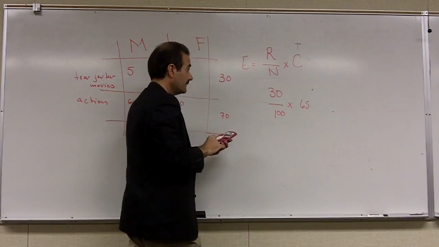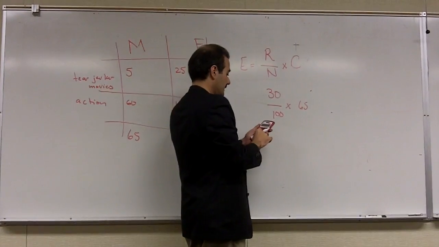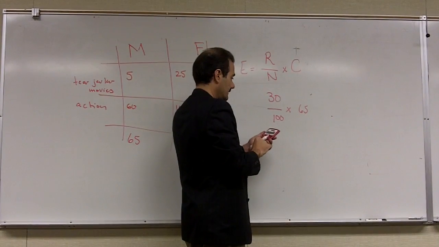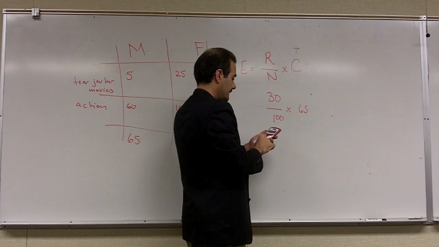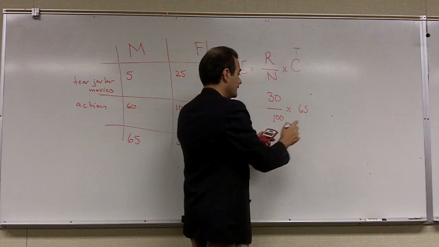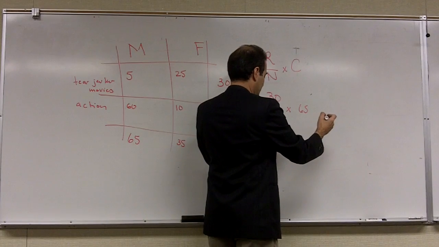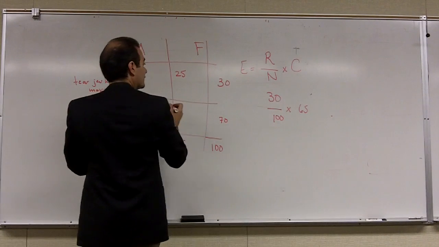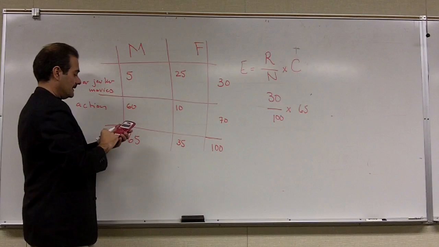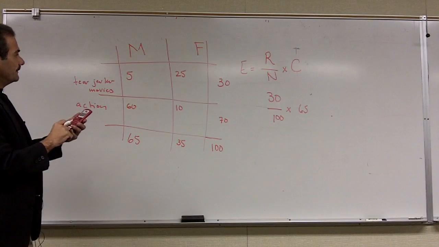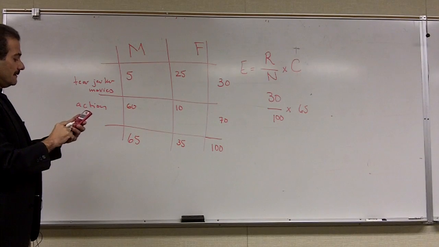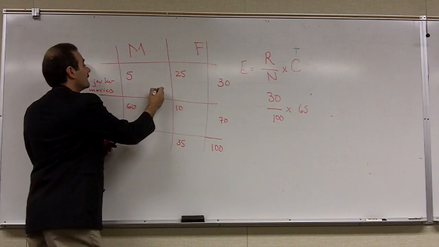So 30 divided by 100 multiplied by 65 gives you, is that right? Am I calculating it right? Times 65. Yeah, 19.5.